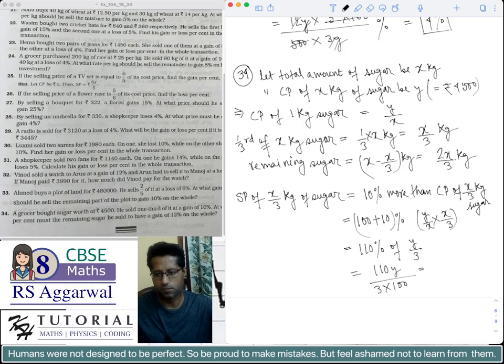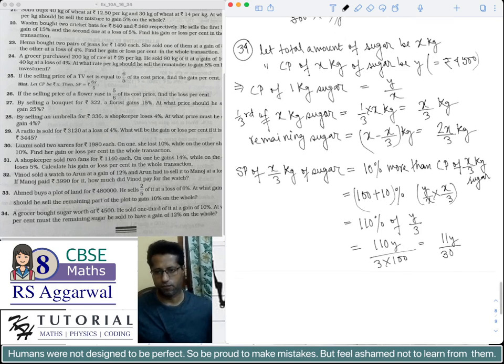This is equal to 11Y by 30. So the selling price of 1/3 of the sugar is 11Y by 30.